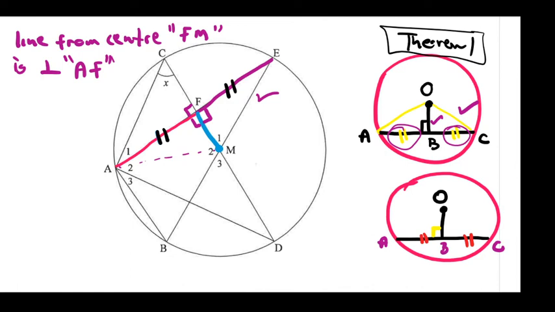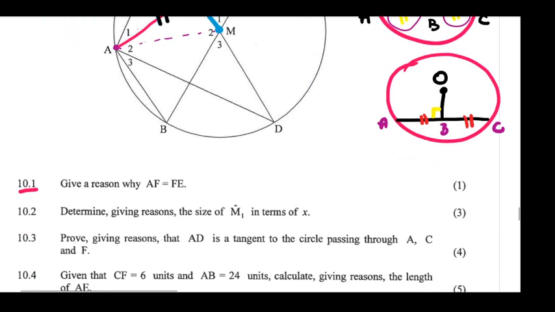AF is the chord, right? Or yes, perpendicular to AF, or you can just say it's perpendicular to the chord, because AF is not the chord, it's the entire AE that is the chord. Sorry about that. So you can say it's perpendicular to the chord, which is AE. That's how we are giving a reason for why AF is equal to FE.